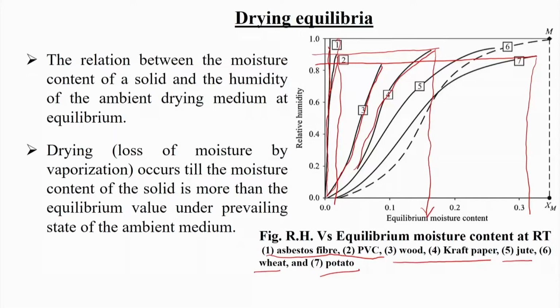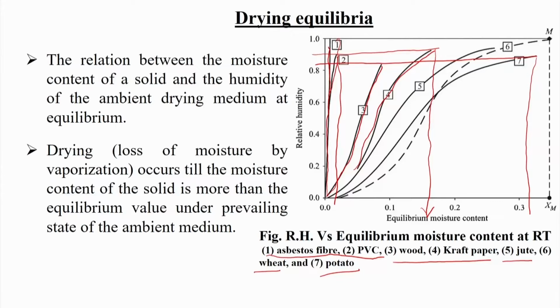We need this prior information, the relationship between the equilibrium moisture content and the relative humidity, to get the drying characteristics. We will be discussing that, say for time calculation or what type of drying is actually taking place. For that type of calculation, we need the relative humidity versus equilibrium moisture content relationship.